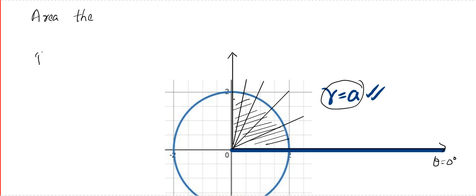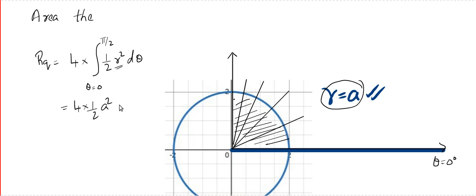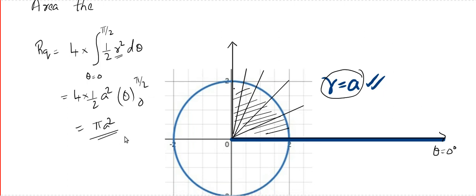So the required area will be 4 times the integral, theta varies from 0 to pi by 2, of 1 by 2 r square d theta. And what is the value of r? r is a. So r square is a square. You take everything outside, 1 by 2 a square, and integrate. You will get the area as pi a square. We already did this in the last video, so I am not going to elaborate.